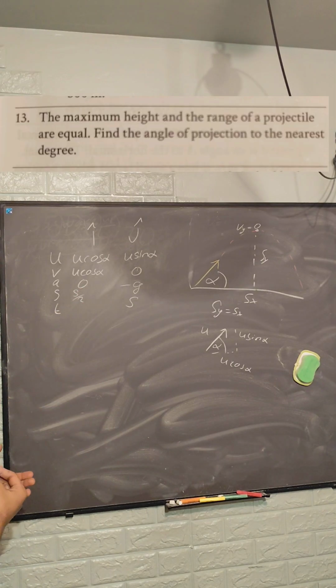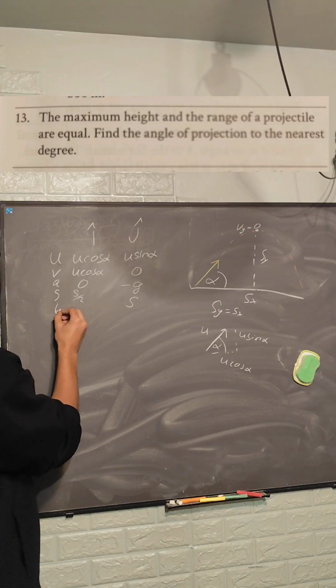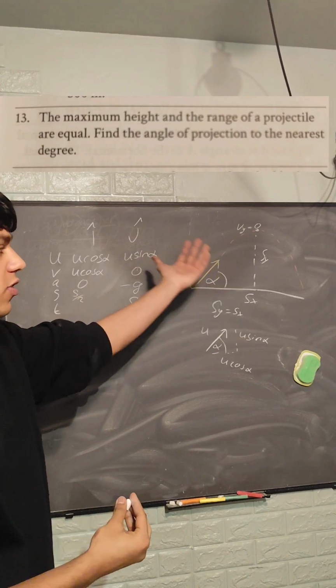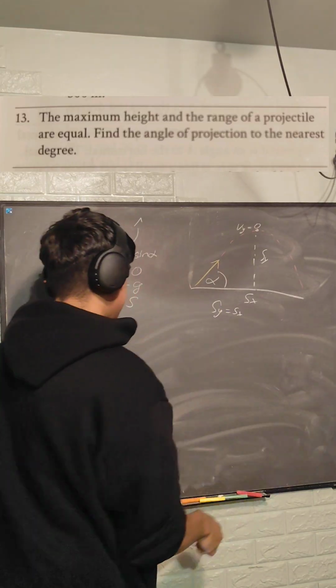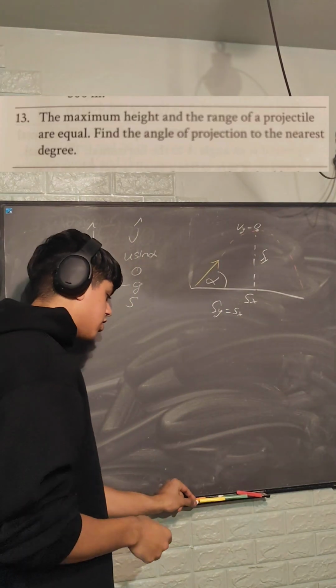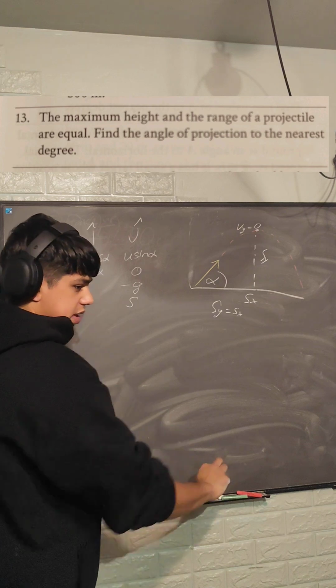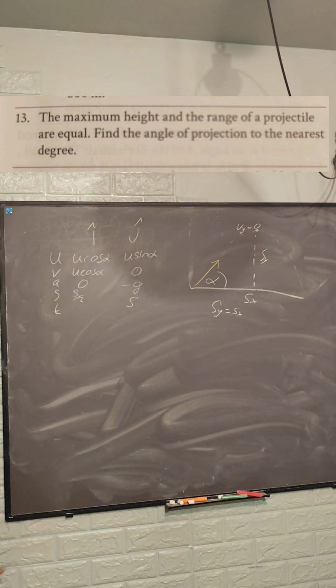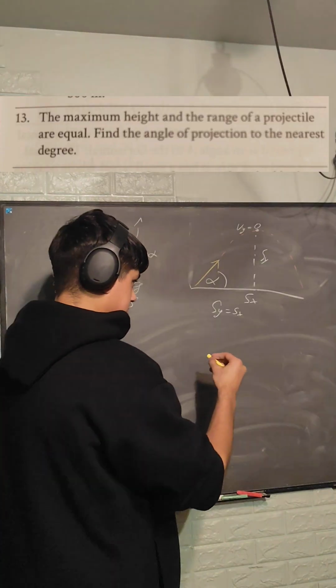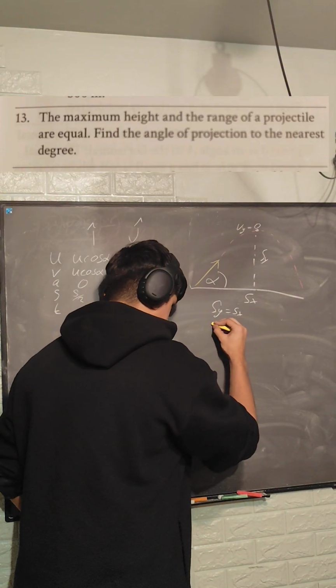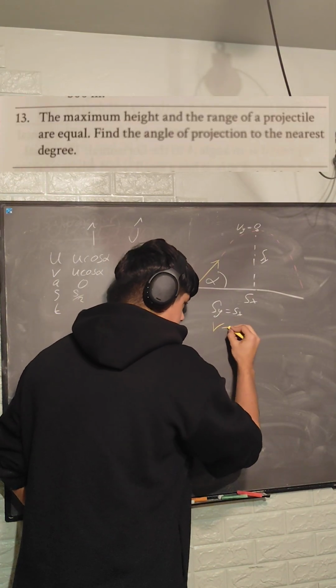I think this is enough values to start filling out the t. We can't find the t because nothing is given to us. But using these values, I think we can figure out t in terms of these values. What I always do with every projectile question, or in general, I always write out my 3 equations of motion because I think it'll help us find out which one is useful for us.